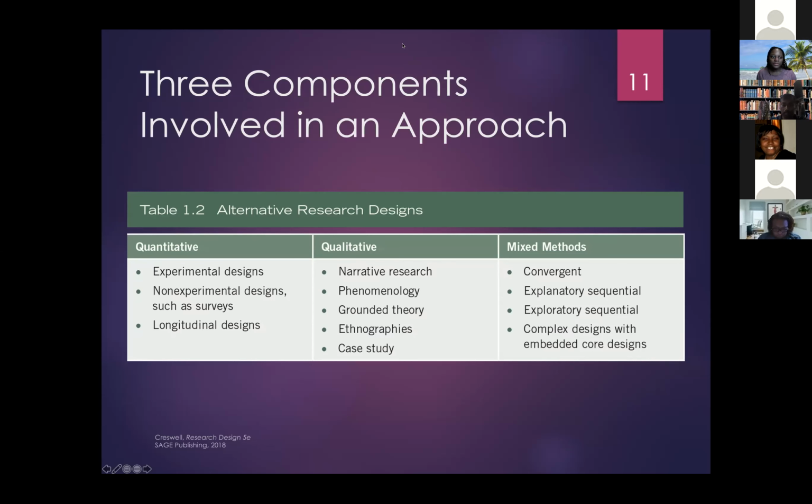Whatever approach you decide on, when you decide on your research design, my advice is to go find other books that focus on that design. They have textbooks specifically about survey research, about case study research, and about different types of mixed methods, whether convergent or exploratory sequential.